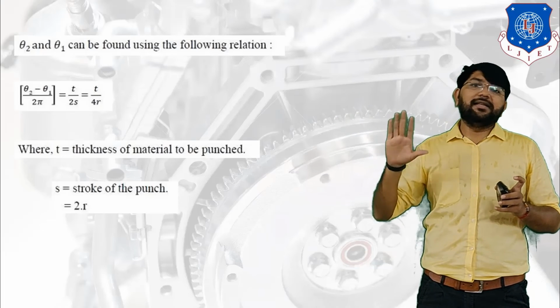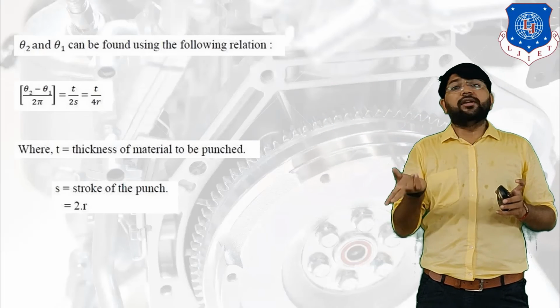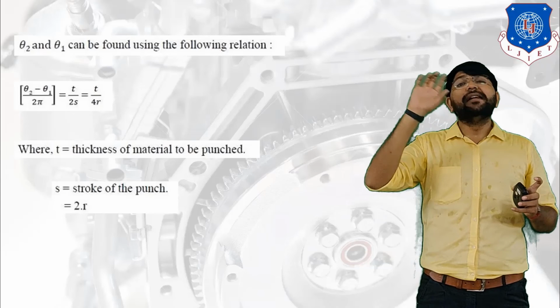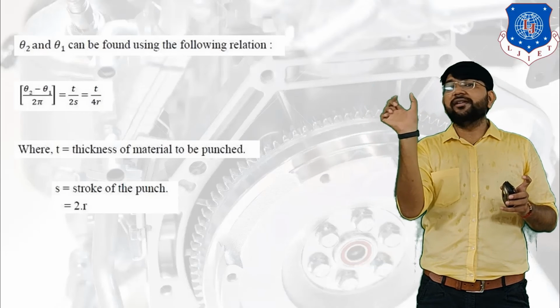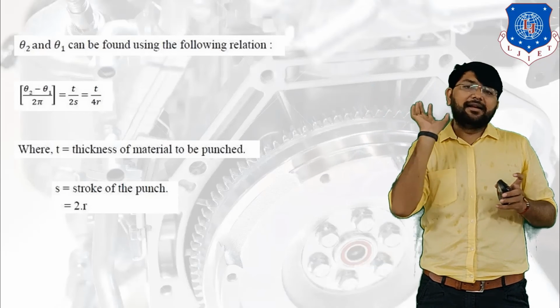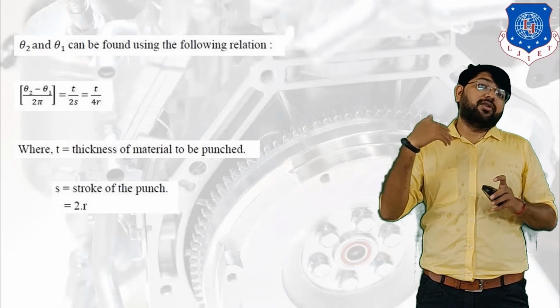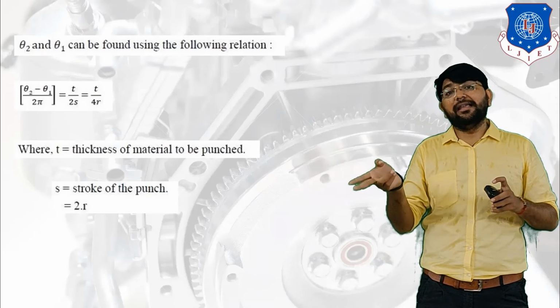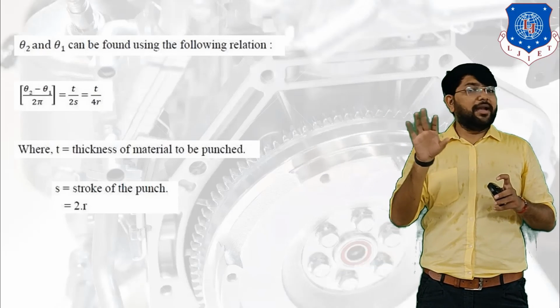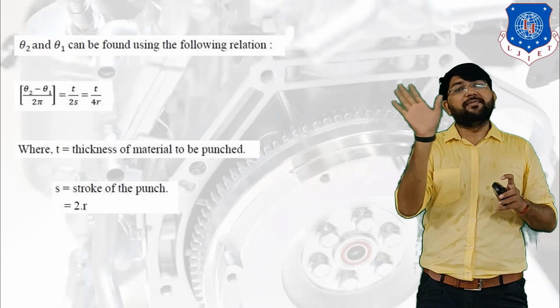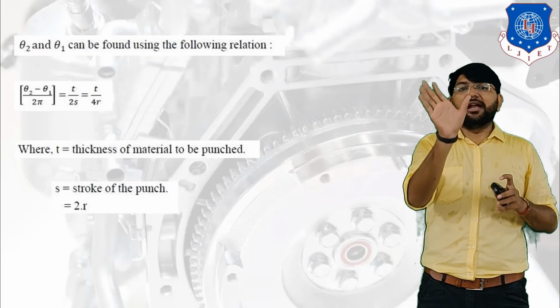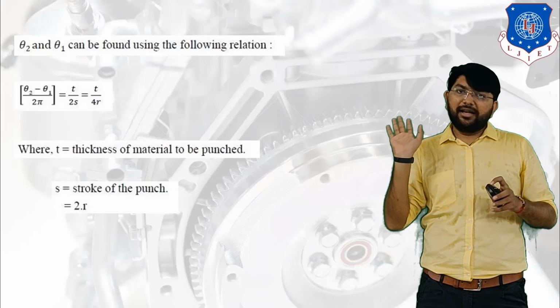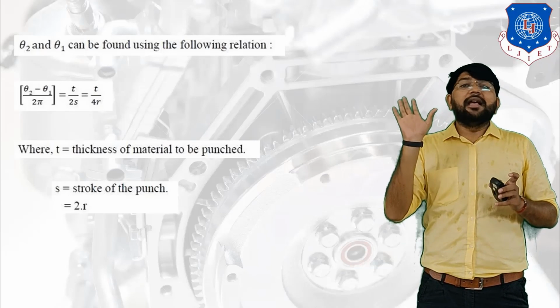The duration of E1 is 2 pi. The duration of E2 is theta 1 to theta 2, that is, theta 2 minus theta 1. The fluctuation of energy, delta E, is equal to E1 minus E2, maximum energy minus minimum energy. Based on that, we derived this equation.